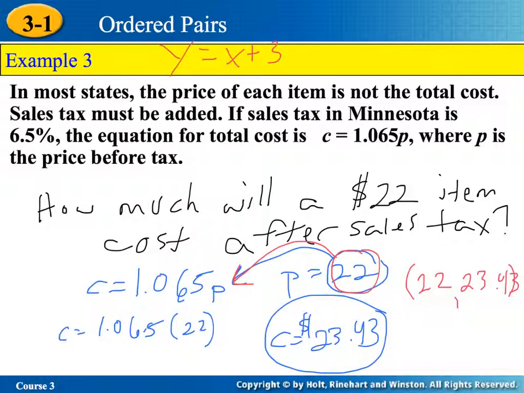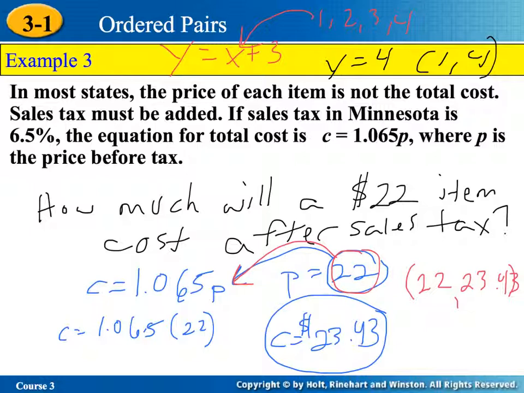We knew what x was. I told you to solve for 1, 2, 3, and 4. And your x was always the number we plugged in, and your y would be equal to 4 in this equation, where your point was (1, 4). That was the very first one on the previous slide.